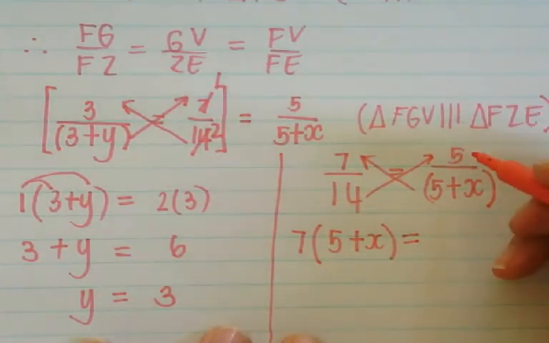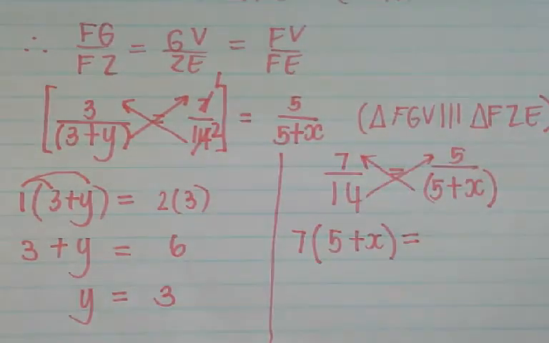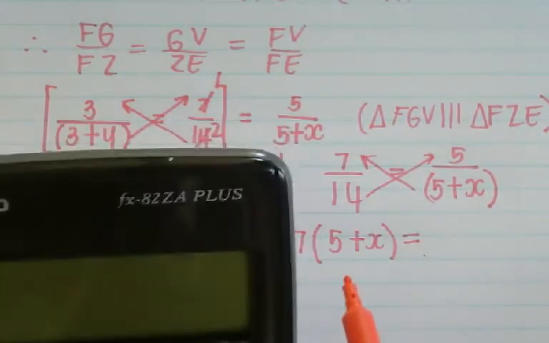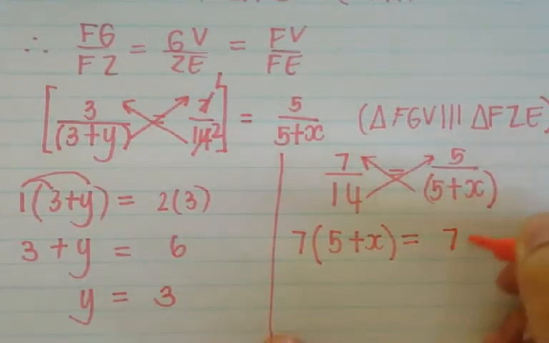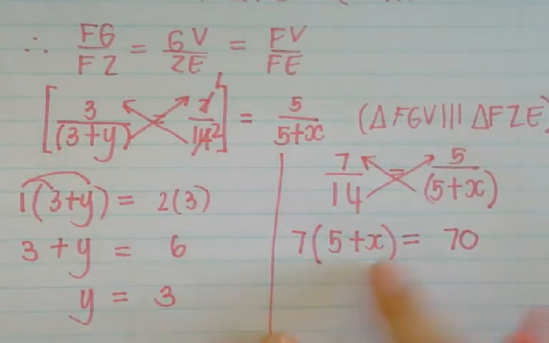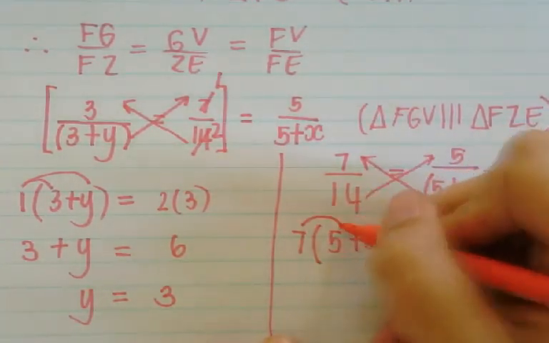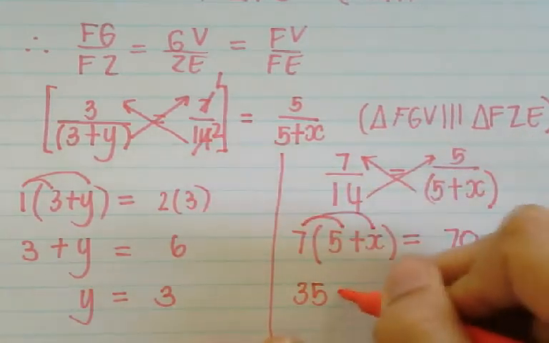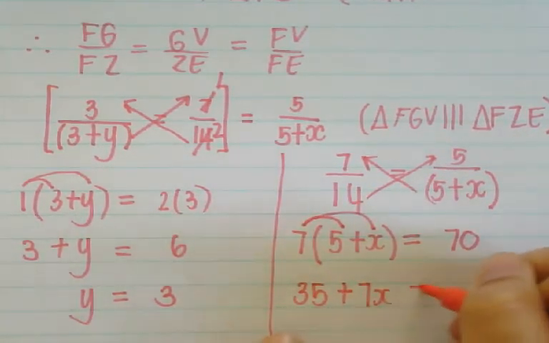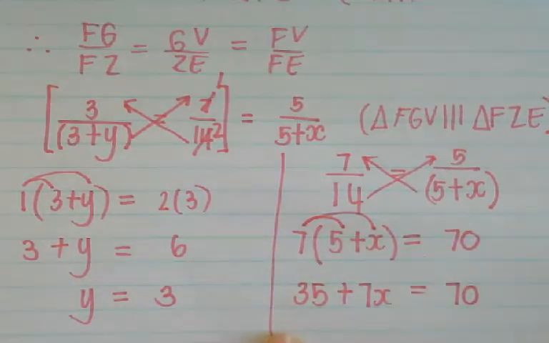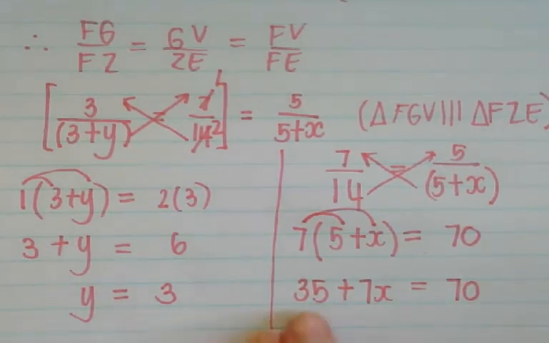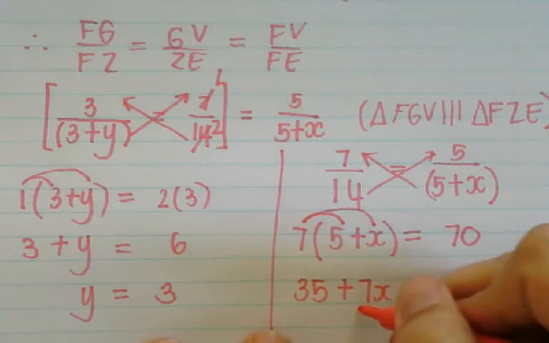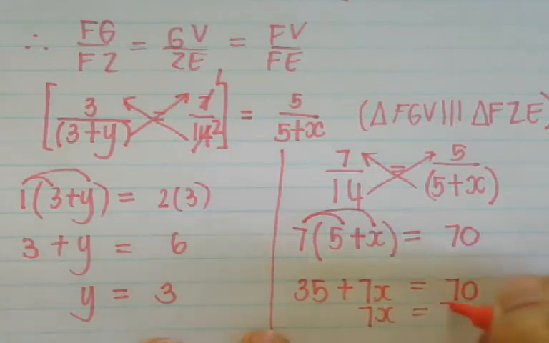5 times 14 should be 70. Multiplying into my bracket. 7 times 5 is 35. 7 times x is 7x. I have positive 35, take it over becomes negative 35.